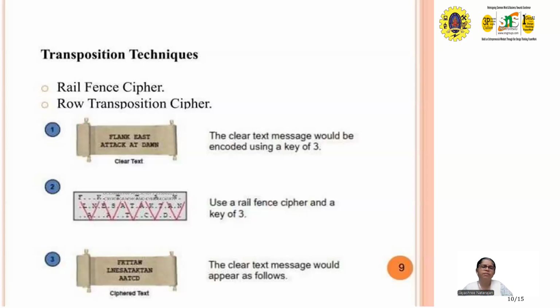See here, it is written now. The ciphertext you have to read row wise: first row, second row, third row. This is my ciphertext. The clear text message should appear like this. This technique we call the rail fence technique.